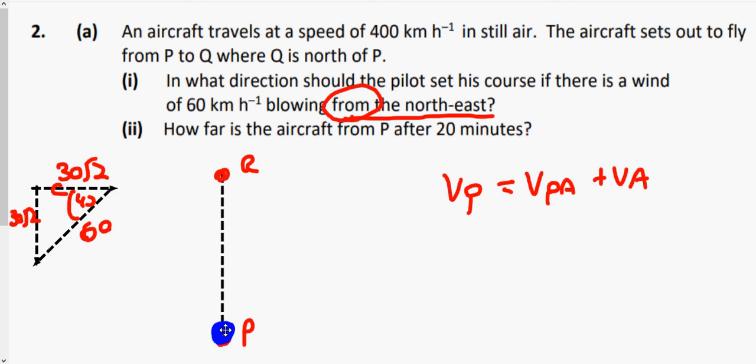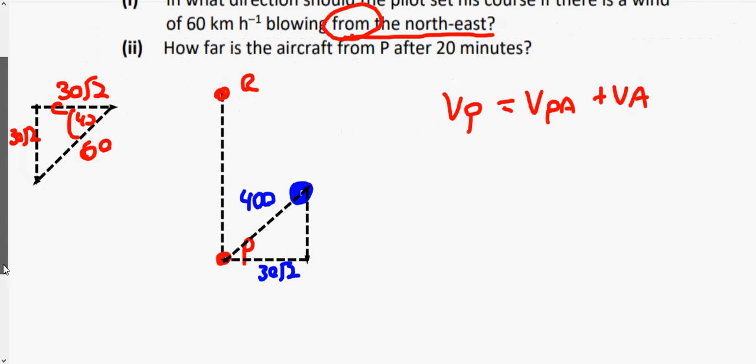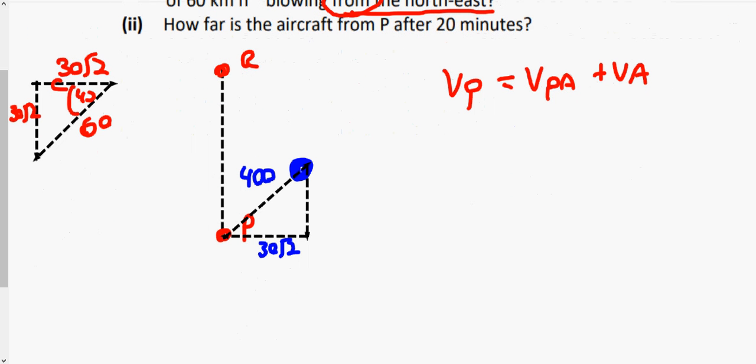So if you aim 30 root 2 to the right, what should happen? If you aim 30 root 2 to the right, you should cancel that out, shouldn't you? So you're going to aim 30 root 2 to the right. You have 400 as your hypotenuse, don't you? So what you're going to do next is, just give me this for a second.